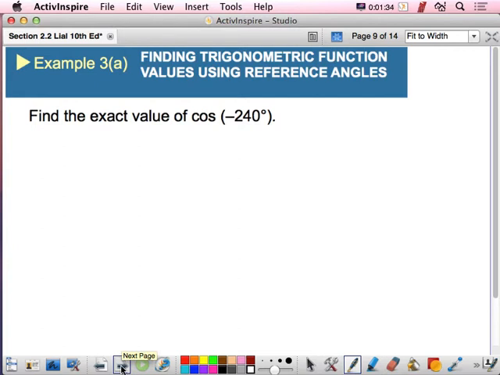You need to learn right now what I mean when I say exact value. First off, that means your calculator is off limits. On a quiz or test, you would not be allowed to use a calculator on that problem. If I ask you to find the exact value of something in trig, that means no calculator, and that means you're going to have to use your unit circle probably.